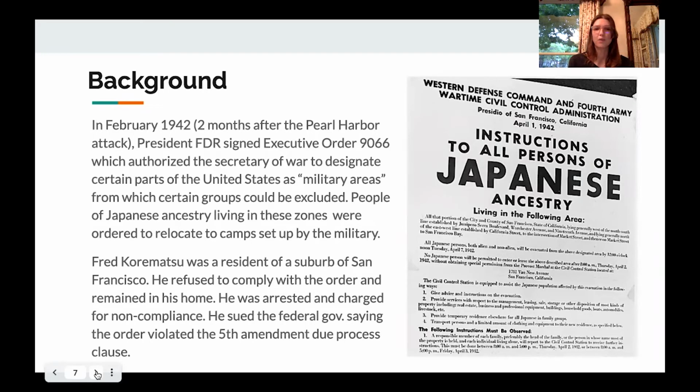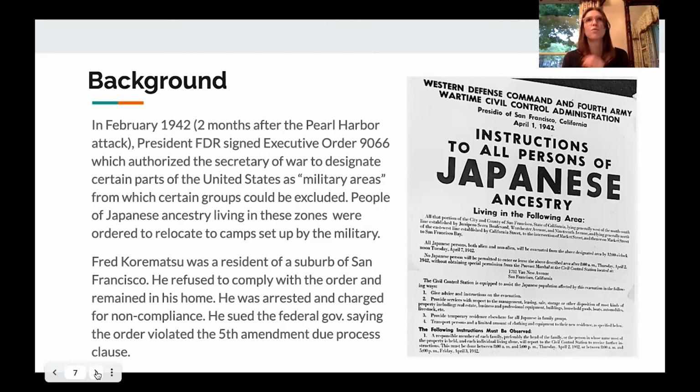In 1942, we are in the middle of World War II in the United States. Two months after Pearl Harbor, FDR signed Executive Order 9066, which designated areas of the United States.